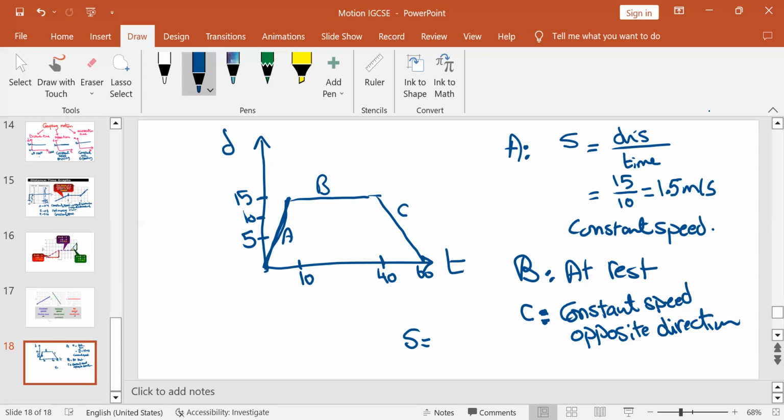Can you calculate the speed for section C? Speed equals what? Distance over time. The distance is 15. Okay, and the time taken? It was from 40 to 66, right? No, it's 60 only.